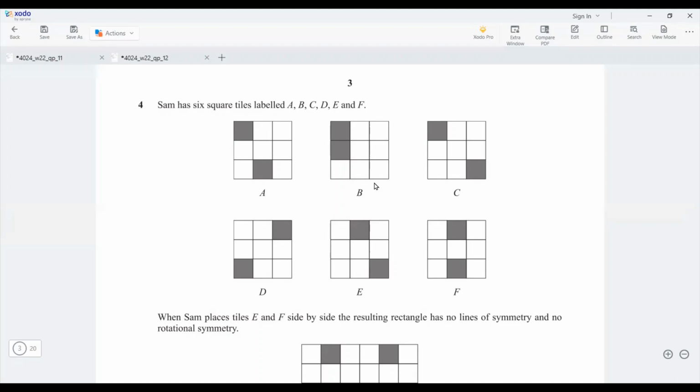If you can see from tile C, if the shaded part is showing on the left top, then for D, it is showing on the right top. And similarly, the right bottom of tile C must have the reflected image, meaning the shaded part is on the left downward corner of tile D. So if we make them together, C and D, it can have one line of symmetry.